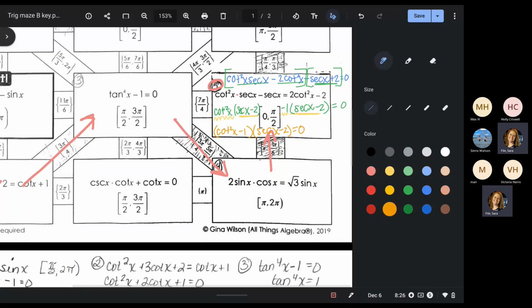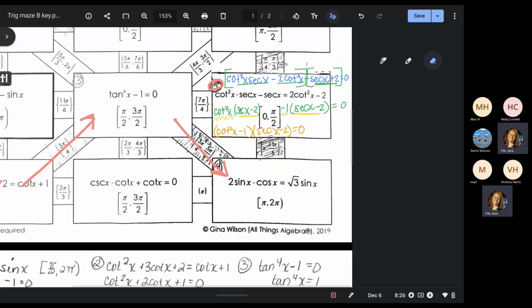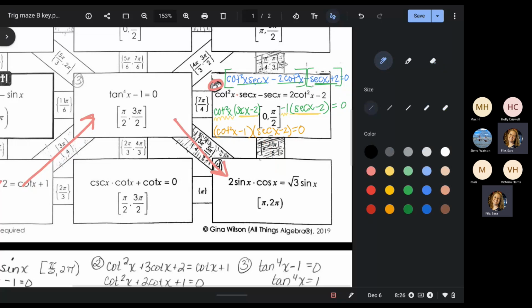Anything else about the factoring? Okay, so once you have it factored, this is the point where I call it split and solve. I take each factor and individually set them equal to 0 and solve.